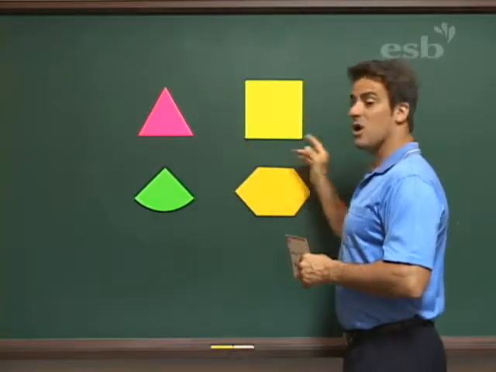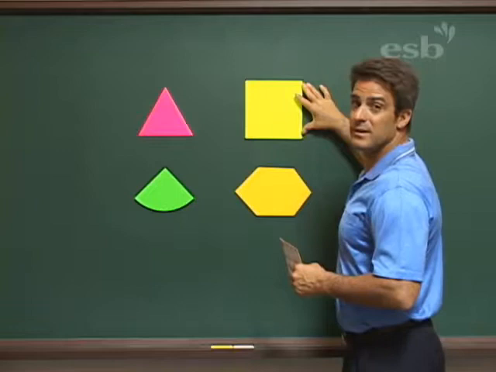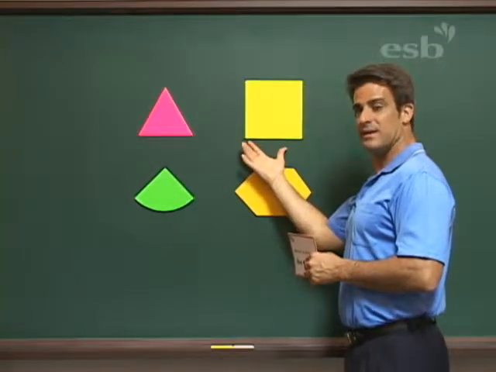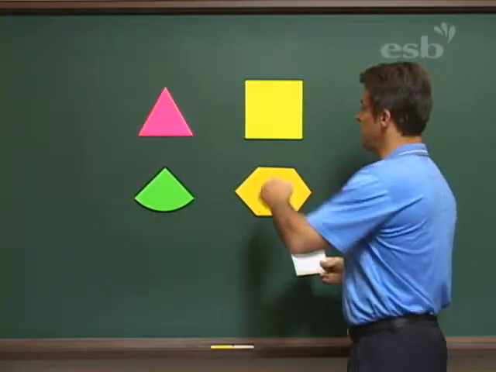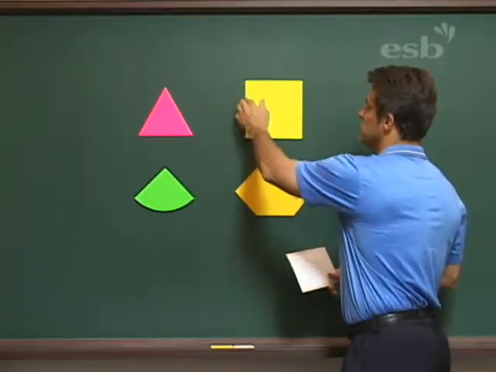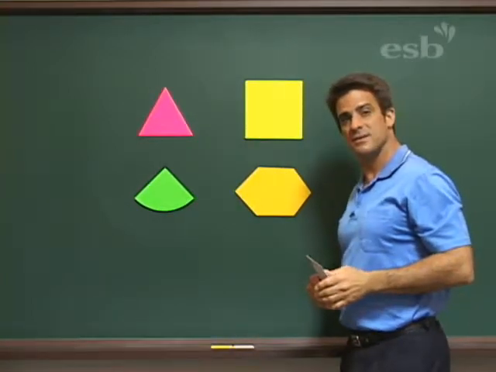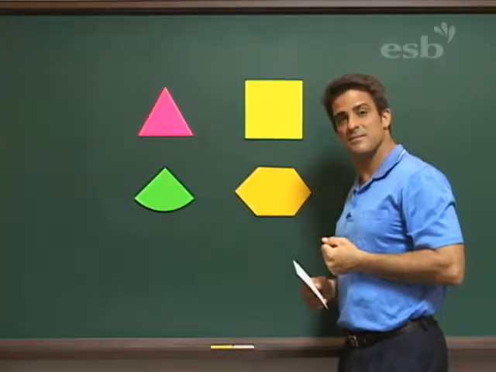One side is the same as another side, and another, and another. This shape has 1, 2, 3, 4 sides. The sides are all the same length.